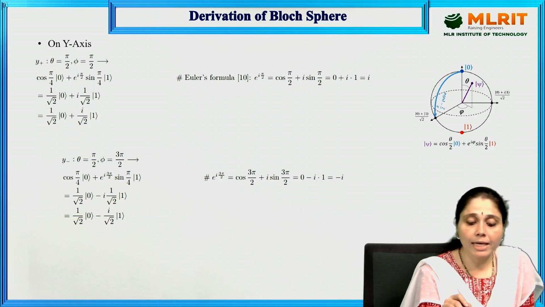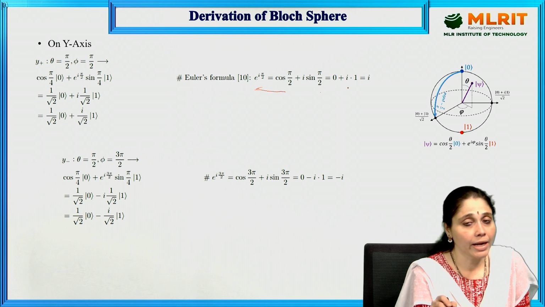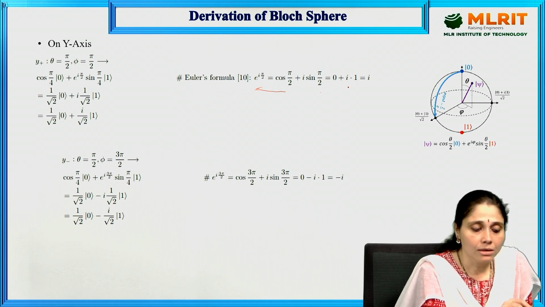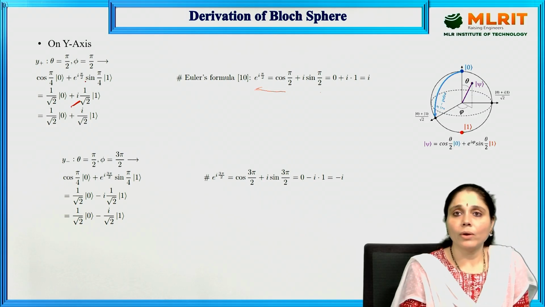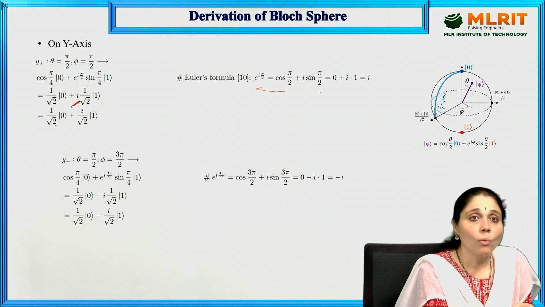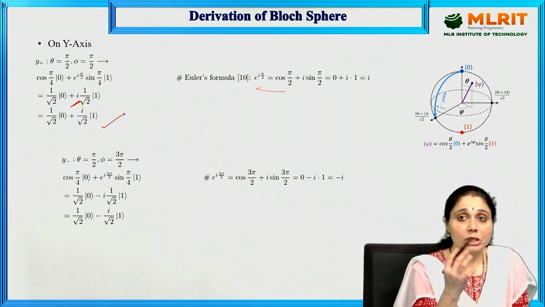So see the Euler's identity: e power i pi by 2 is equal to cos pi by 2 plus i sin pi by 2, that is equal to 0 plus i into 1, that is equal to i. This is the Euler identity. So we got i over here. So 1 by root 2 ket 0 plus i by root 2 ket 1. This is the case of the positive y-axis.